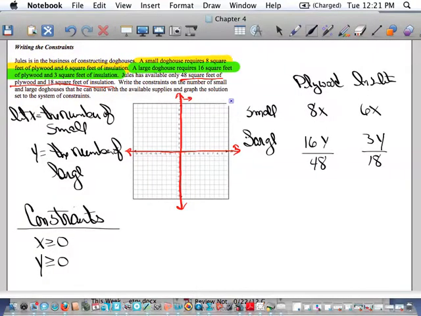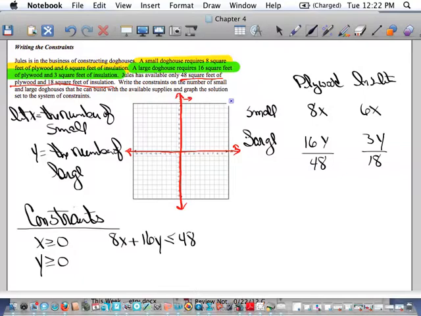The next constraint we have to look at is plywood. He's going to require 8 square feet of plywood times the number of small dog houses he builds, plus 16 square feet of plywood times the number of large dog houses he builds. But the combination of those two has to be less than or equal to 48.